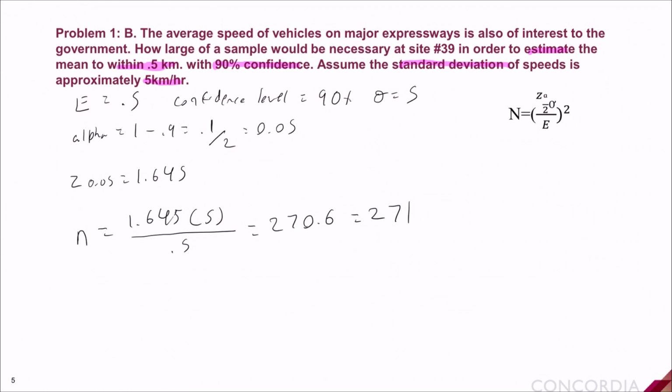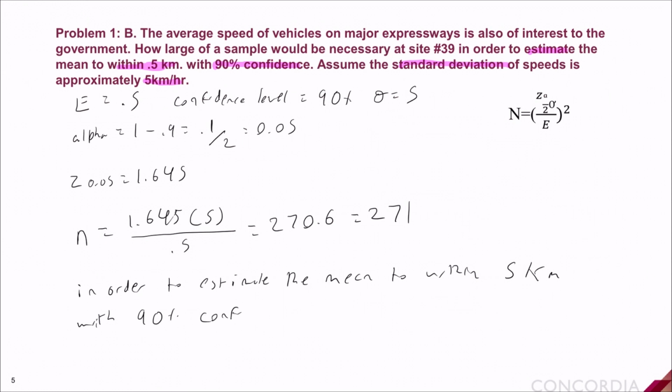And what this means is, in order to estimate the mean to within 5 kilometers with 90% confidence, we would need a sample size of at least 271 vehicles. Let us move on to part C.